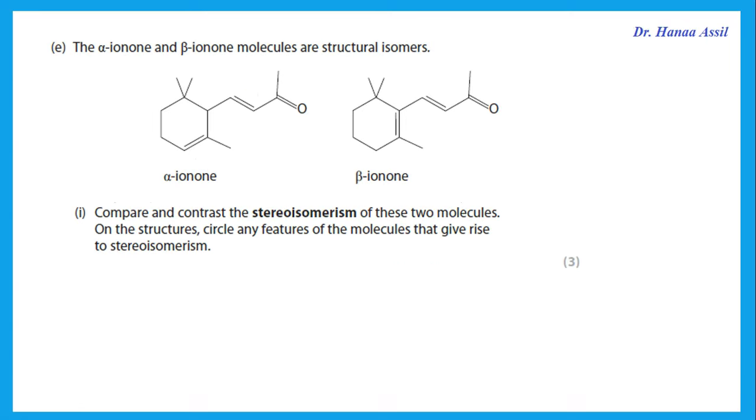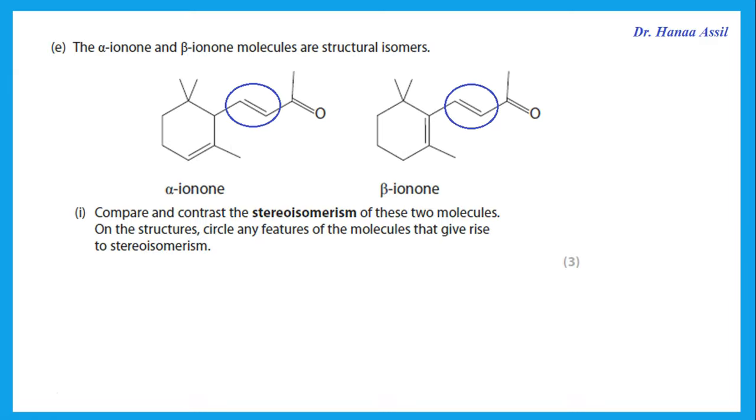The alpha ionone and beta ionone molecules are structural isomers. Compare and contrast the stereoisomerism of these two molecules. On the structures, circle any features of the molecules that give rise to stereoisomerism. Okay, what kind of isomers do we have here?